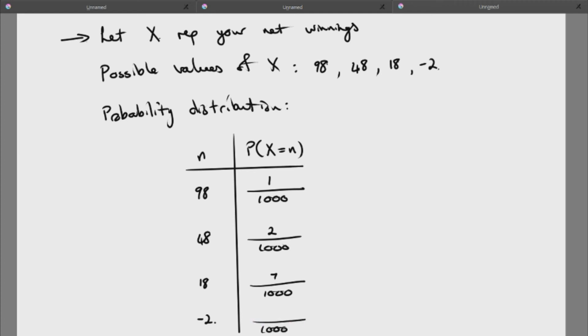And not winning anything, actually losing, has to be the rest, because I know this has to add up to 1,000 out of 1,000. So it has to be 990 out of 1,000. Whether I can count them all or not, it's really sort of doing it in reverse. It has to be everything else. That's a property of the probability distribution, that the probabilities, if I have them all, need to add up to 100%.